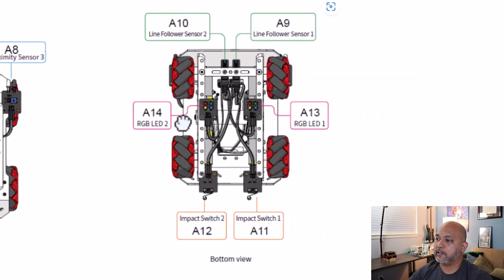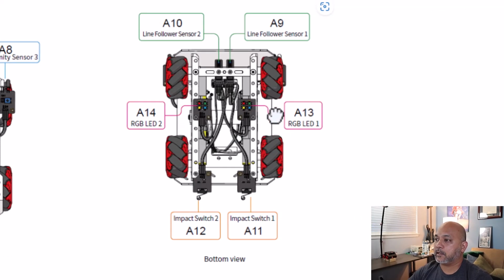You can see that the LEDs are connected to A13 and A14. This is upside down. If you're looking at the robot, this is the back here. The left hand side, your left, is A14 and your right would be A13. And then the bump switches are going to be A12 and A11.